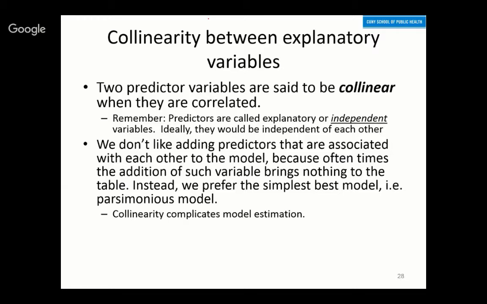Some of the predictors that you're observing are collinear, and you're either going to have to make a decision to not consider one of them, or you might still want to consider it, but keeping in mind your interpretation of the model in terms of causal inference and which one you expect to be the causal variable, etc. But it both complicates model estimation and it complicates your model interpretation. So it's something that you need to be aware of.